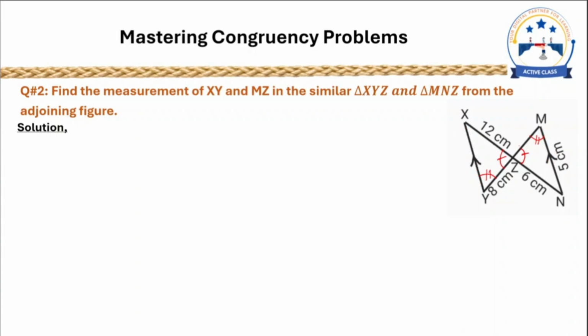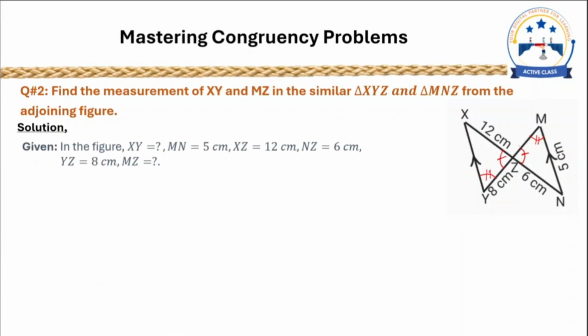Let me write the given information, okay? In the given figure, XY we don't know, MN is 5 centimeter, XG 12 centimeter, NG 6 centimeter, YG 8 centimeter, and MG we have to calculate. And I have written the corresponding sides in order here. XY and MN, they are corresponding sides.